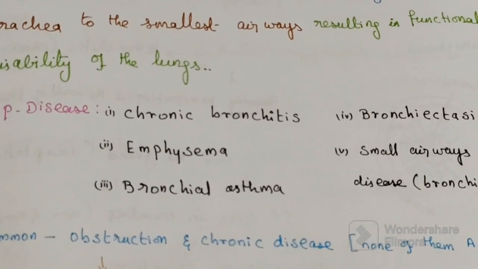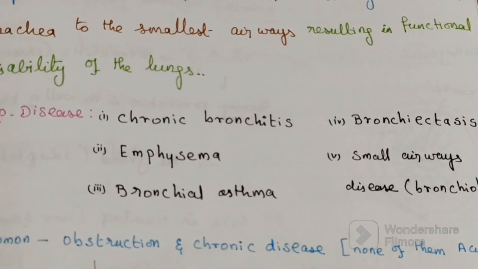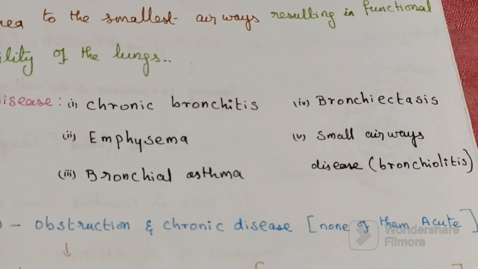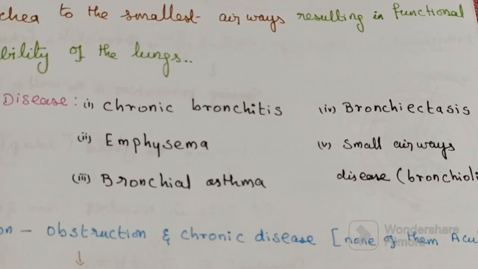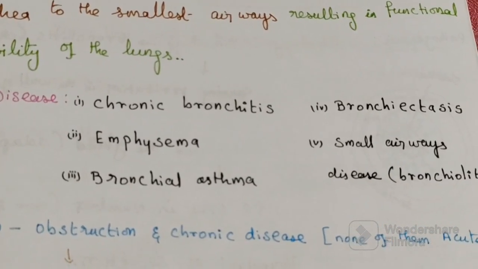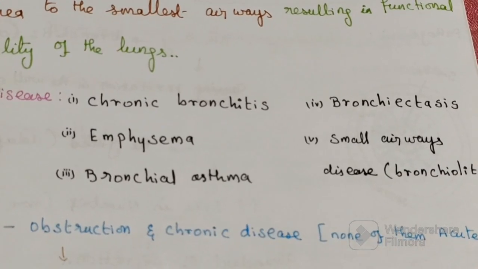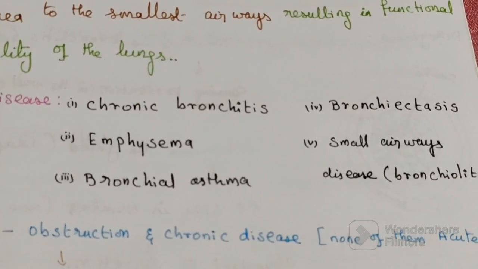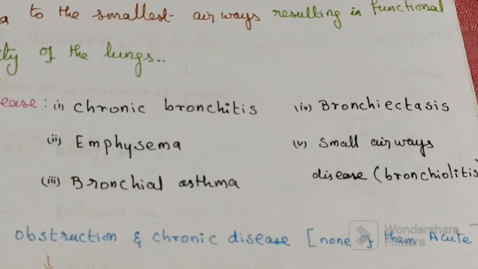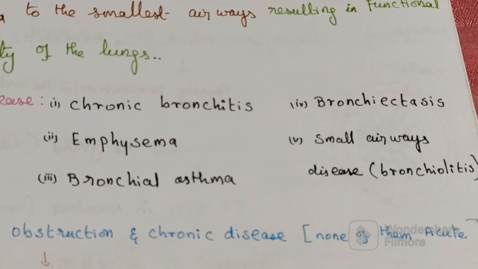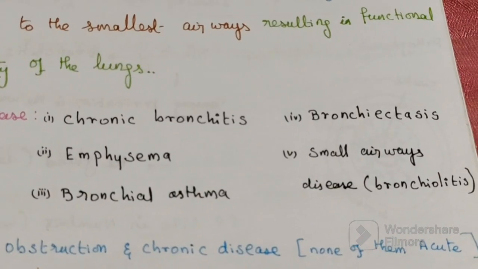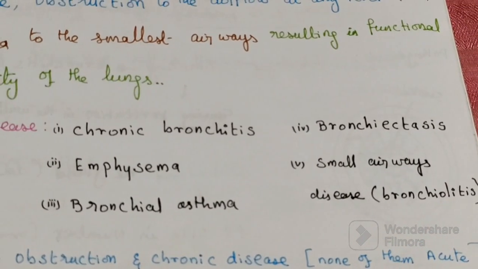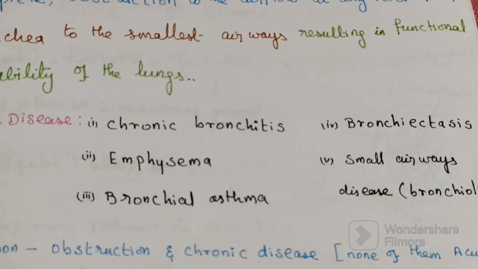One thing is common in all of them, that is obstruction. That's why these are known as obstructive diseases. One more thing is common, they are chronic diseases, none of them acute.